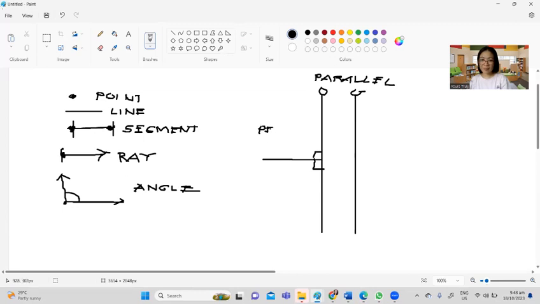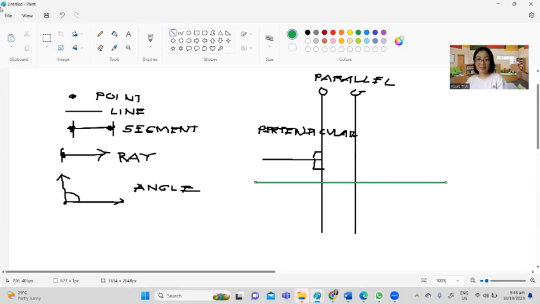Perpendicular. So those are perpendicular lines. Perpendicular lines could be like this too. Let me put a color. So it could extend here. How many perpendicular lines have we formed in this one?